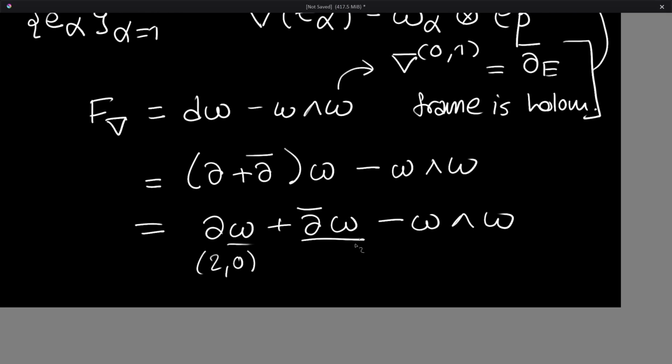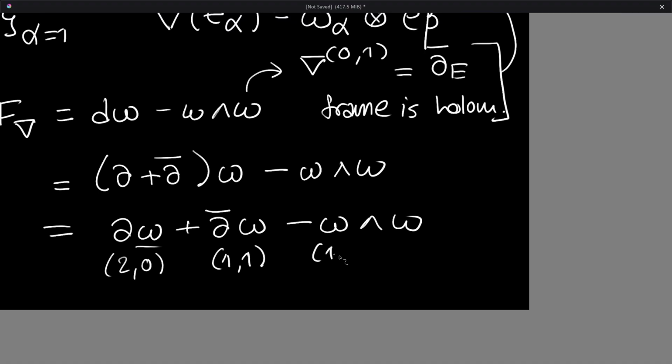And then this will be a 1-1, because this is 1-0 and this is increasing the anti-holomorphic grade by 1. We now know that this is a 1-0 form, so 1-0 wedge 1-0, therefore its wedge product is now a 2-0 form.